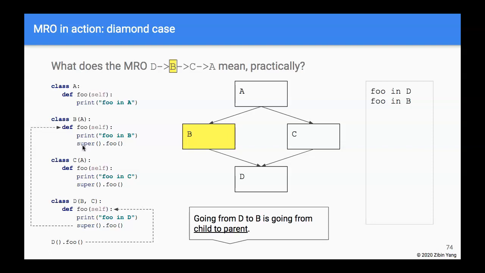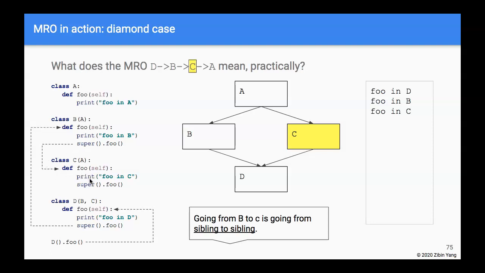Now, next, it calls super.full again. So super here would look inside the MRO and see after B, it is C. So it would look inside C and see if there's a full method there. Well, there is.